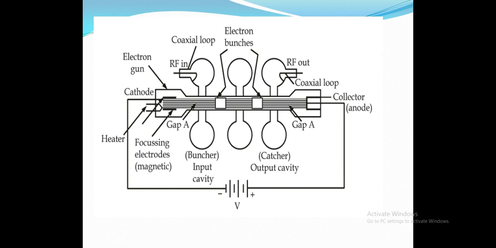Okay, so next, whenever a high velocity electron beam is produced from the cathode, focused and sent down along a glass tube through an input cavity, that is a buncher, a field free drift space and an output cavity, that is a catcher, to a collector electrode or anode.